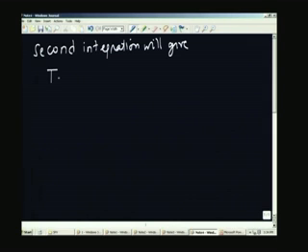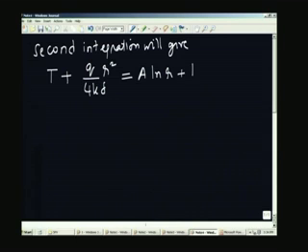It will give T plus Q by 4 k delta into r squared is equal to A log r plus B. Q by 2 k delta was there, r is integrated, gives r squared by 2, therefore this becomes 4 k delta here, and this we can call equation number 4.